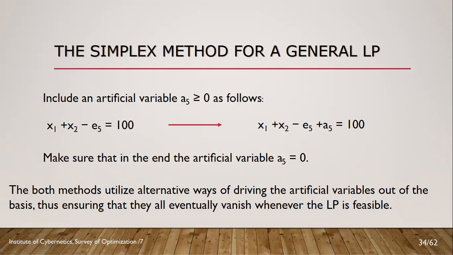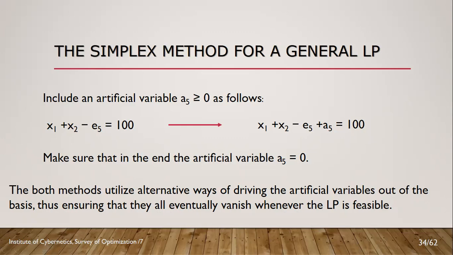So therefore, we need to somehow minimize the variable a sub 5 and make sure that eventually it will become 0. So in this case, the modified constraint will become exactly the same as the original one, and it will be satisfied. Both methods utilize alternative ways of driving the artificial variables out of the basis, eliminating them somehow, thus ensuring that they all eventually vanish whenever the LP is feasible.